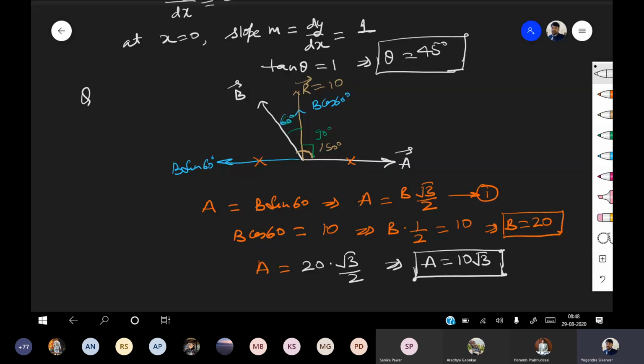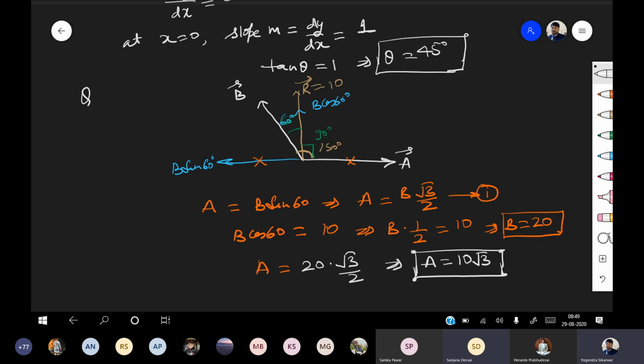Okay. Please note. When I take the correct answer, that is 10 root 3, they marked it as wrong and gave the answer as 5 root 3. No, it should be 10 root 3 only.